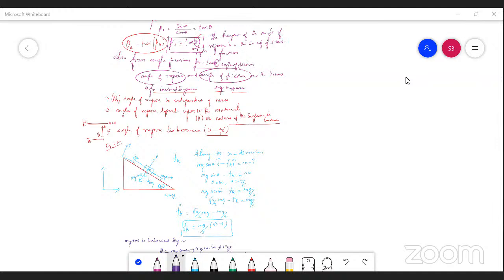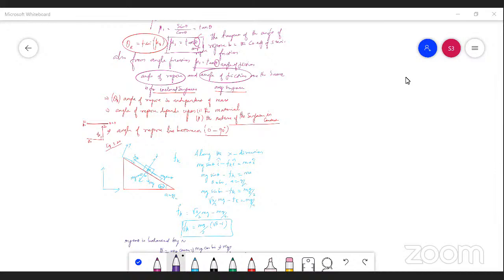That is very important. And the angle of repose is independent of mass. The angle of repose depends upon the material as well as the nature of the surfaces in contact. Also, you can say the angle of repose lies between the angles 0 and 90 degree. We can call this angle of repose as sliding angle or angle of slide.